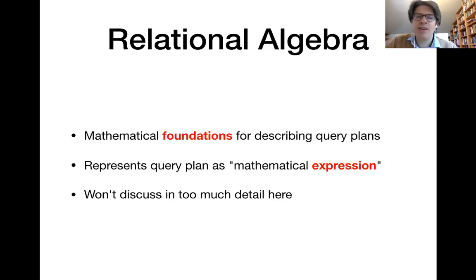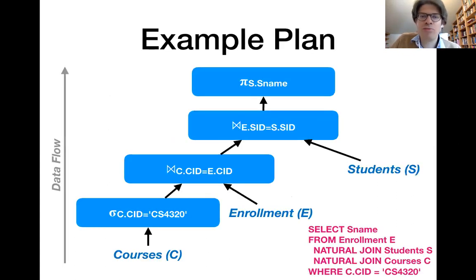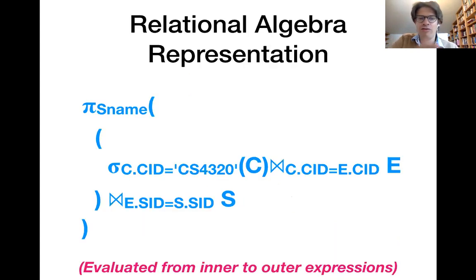It essentially represents a query plan as a mathematical expression. And just to show you how we would represent a plan like the one we have seen before in relational algebra, if we want to represent this plan as a relational algebra expression, this is approximately how it would look.